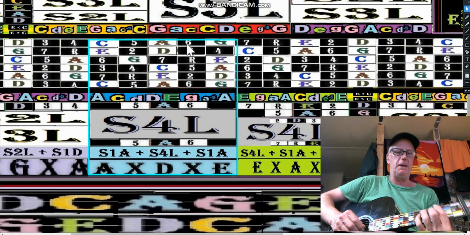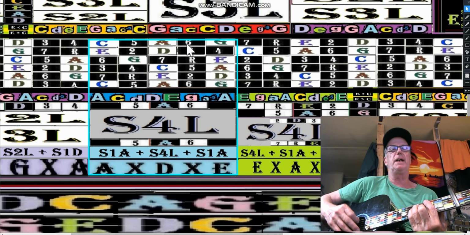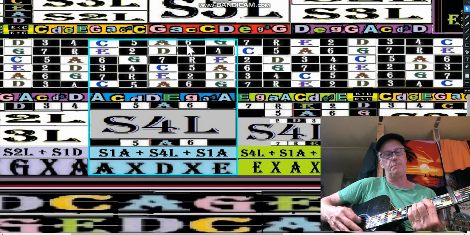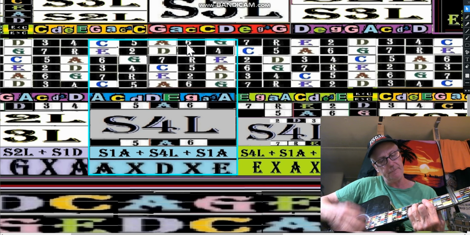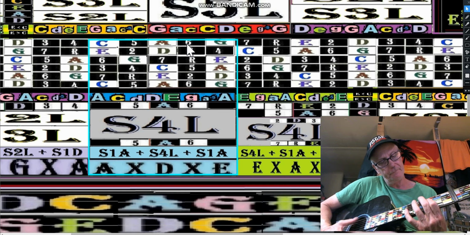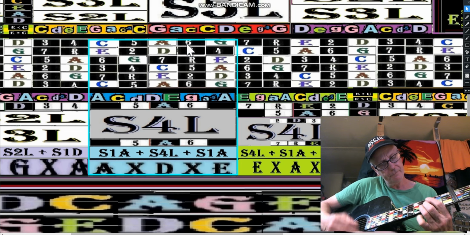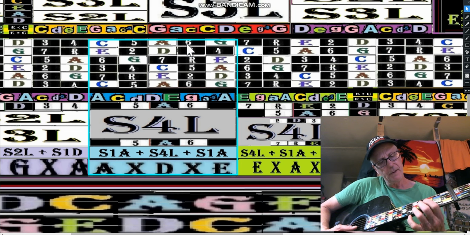Now, again, remember, we did the pentatonics. We had to do a different one for each shape. So it was something like that.